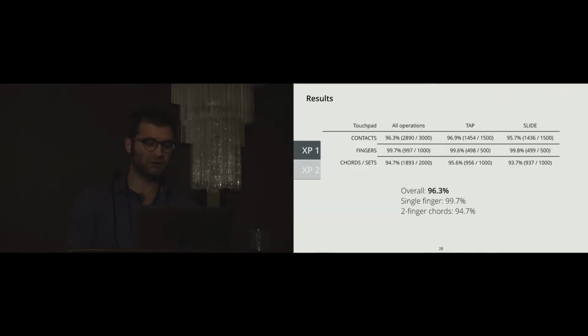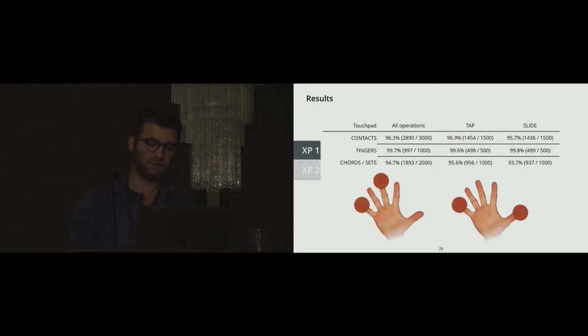The overall recognition rate for the touchpad was more than 96%, more than 99% for single fingers, and more than 94% for 2-finger chords. After analyzing the video of the trials, we found that the lower recognition rate for chords is mainly due to 2 chords, the middle finger little chord and the thumb little chord.